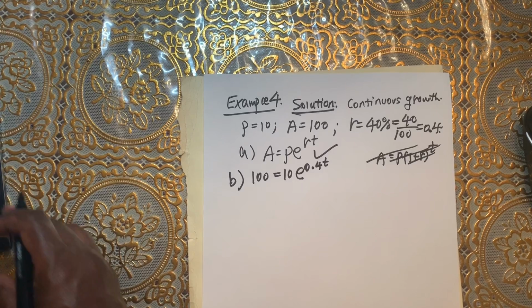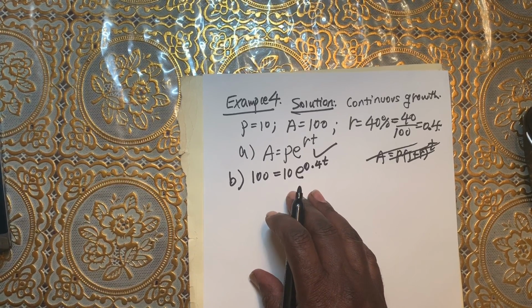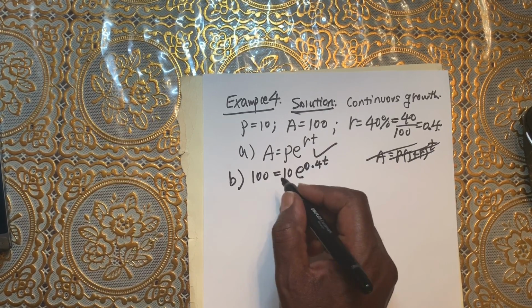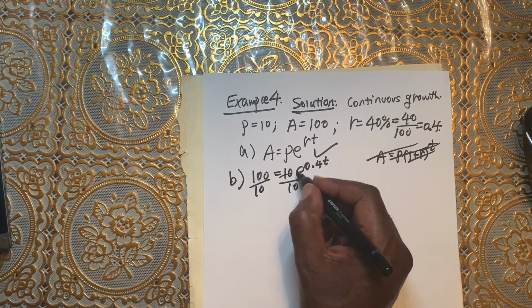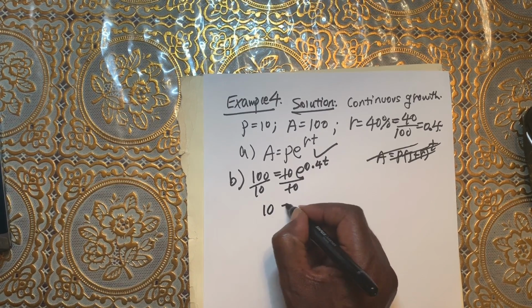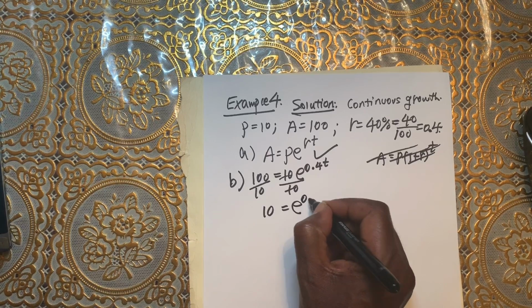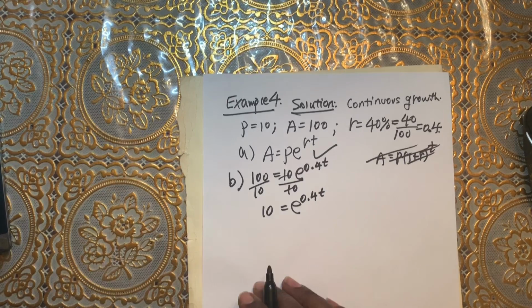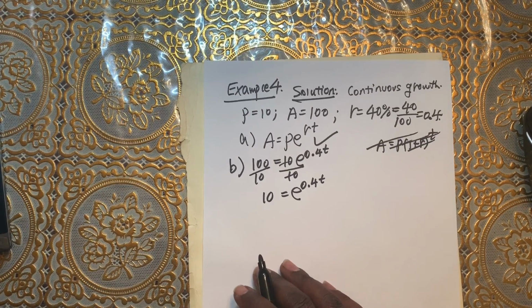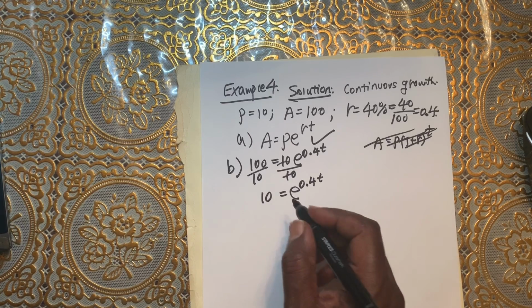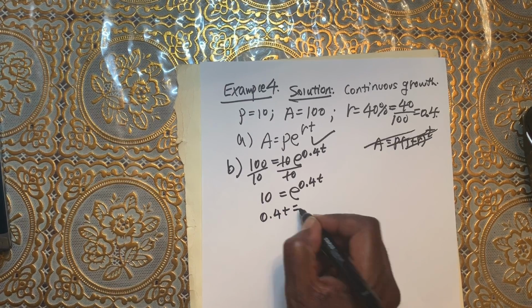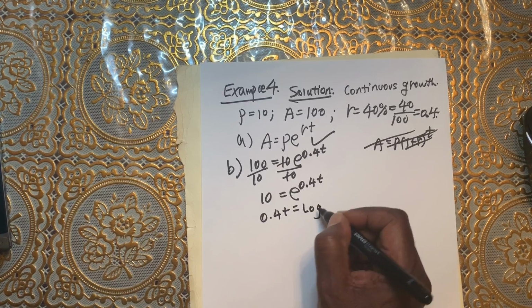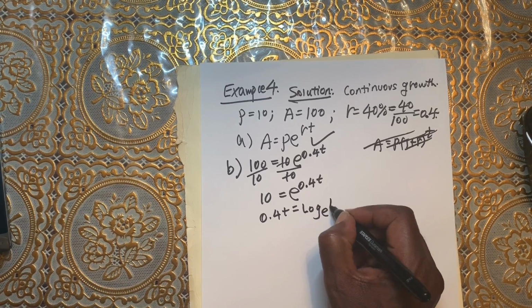We are going to solve this by converting it to a natural logarithm. First, divide by 10, and we get 10 equals e to the power of 0.4t. To change it to a logarithm, 0.4t would be log base e of 10.